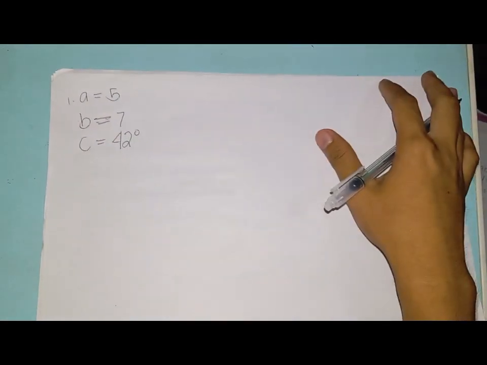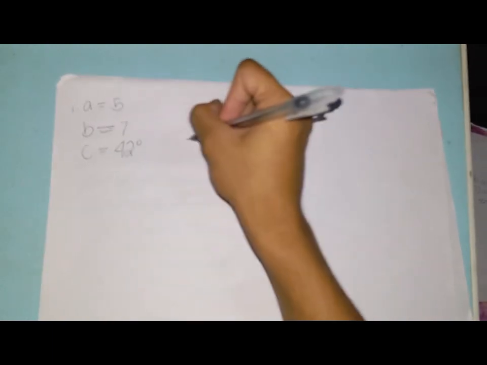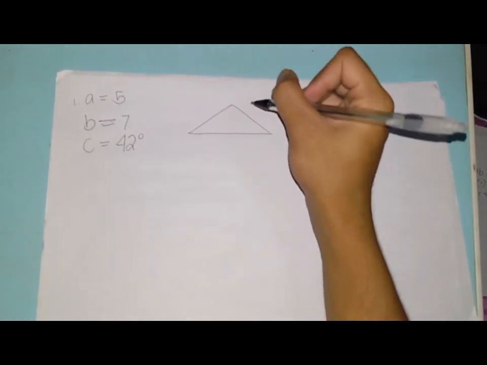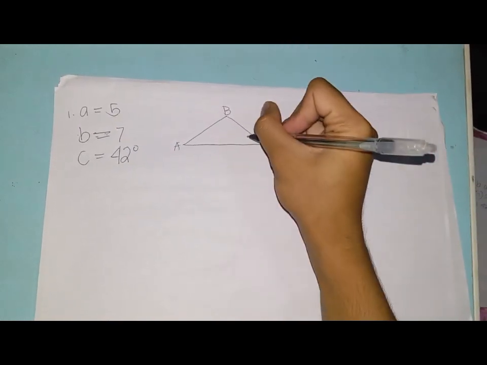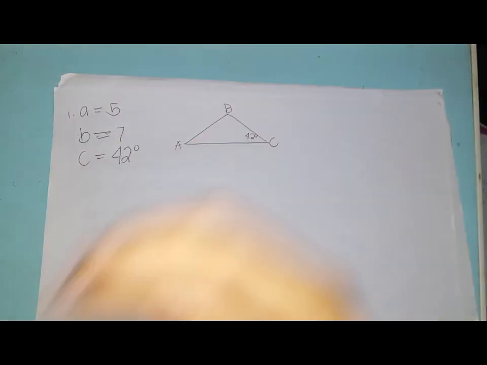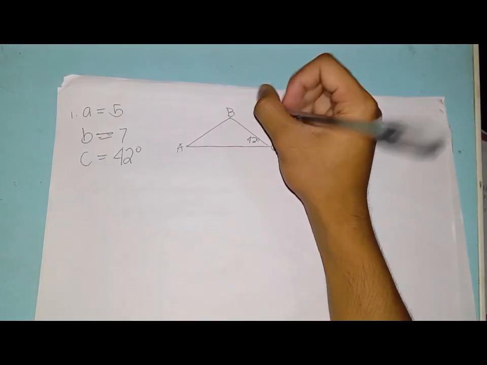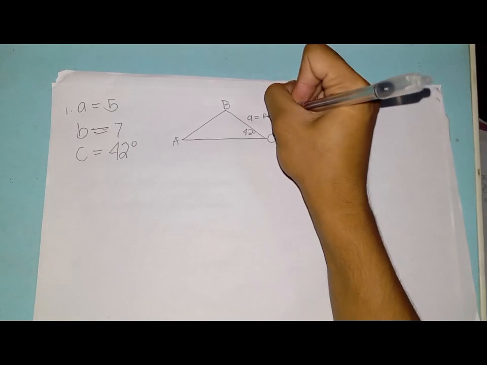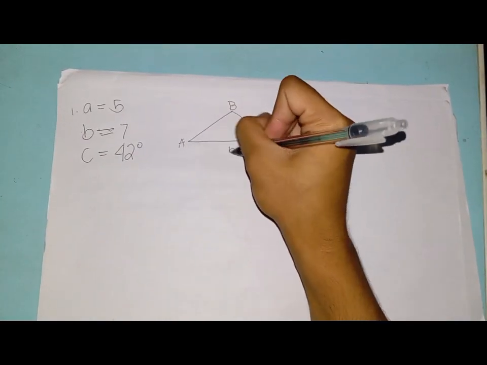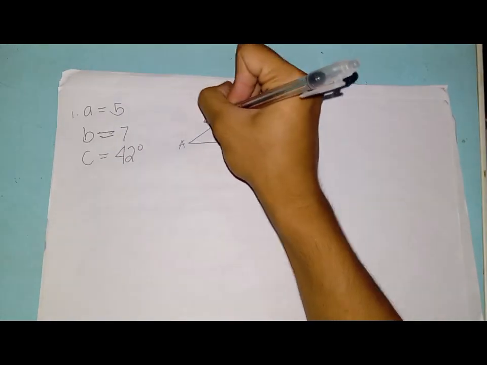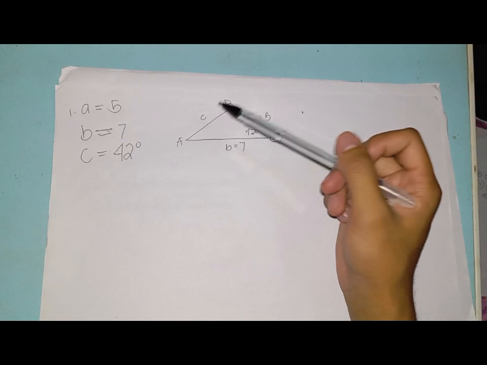First we are going to illustrate the triangle with angles A, B, and C. C is 42 degrees. The side opposite angle A is a equals 5, and the side opposite angle B is b equals 7. So we are going to find angle B, angle A, and side c.